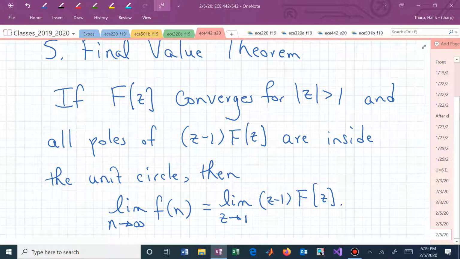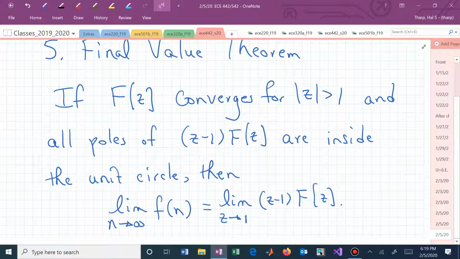So F of Z converges for this situation, which means it could converge from Z equal to 1/2 on out, and it would meet this condition in this theorem. We just need capital F of Z to converge for all values of Z beyond 1.